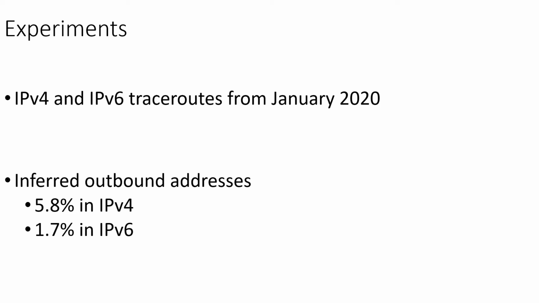And running vrfinder on the traceroute collections revealed that 5.8% of the IPv4 traceroute responses seen prior to the last hop of the traceroute were inferred to be outbound addresses. And in IPv6, the outbound addresses accounted for far fewer of the traceroute responses, accounting for only 1.7% of the responses.